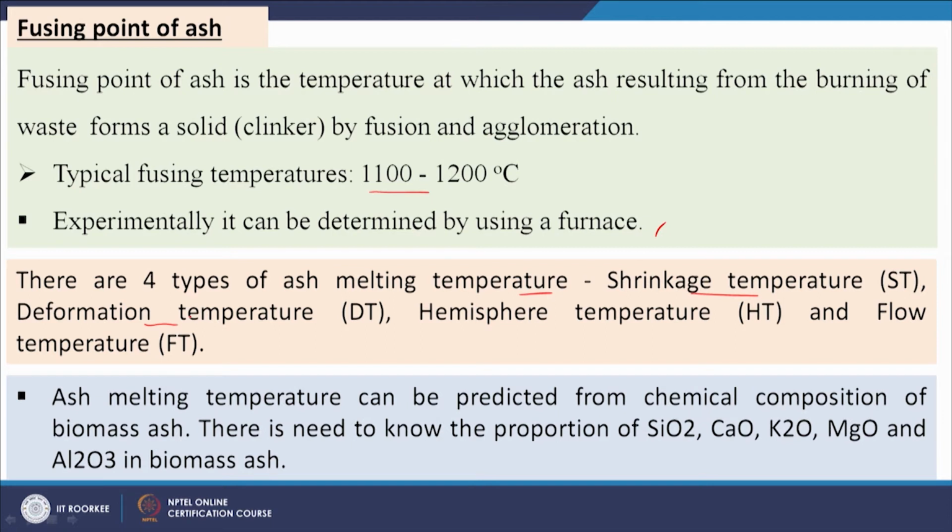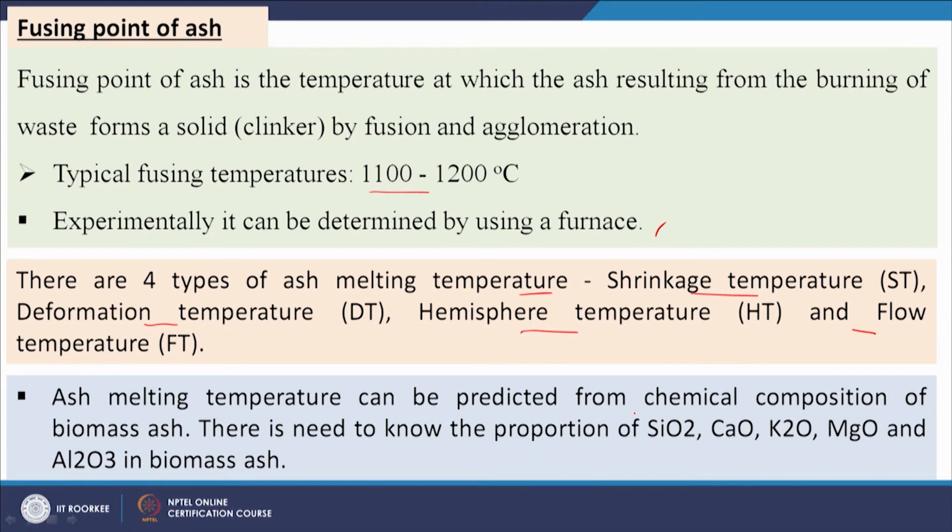With further heating, we get a hemispherical form, that is the hemisphere temperature, and with further heating we can see the flow of the ash, that is called the flow temperature. So, these different temperatures or phenomena we can see by the application of heat on the ash.